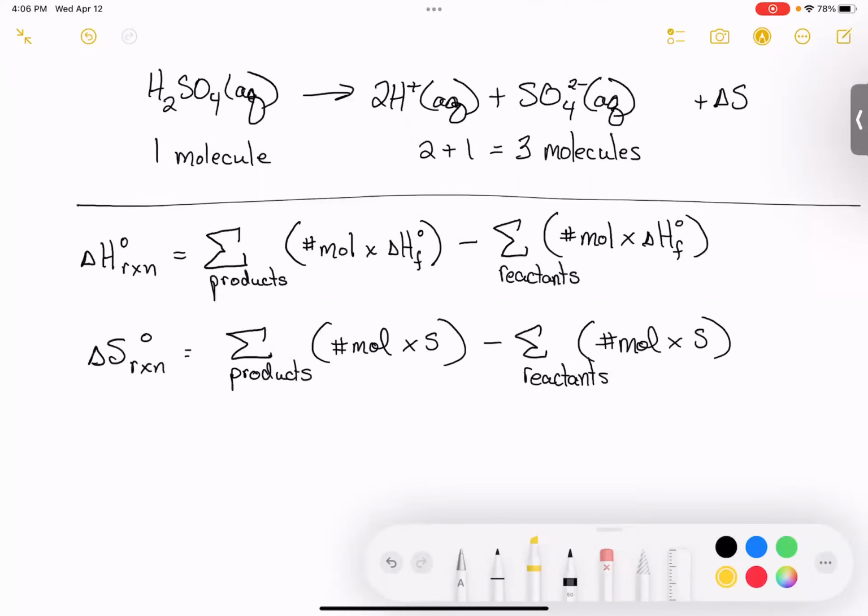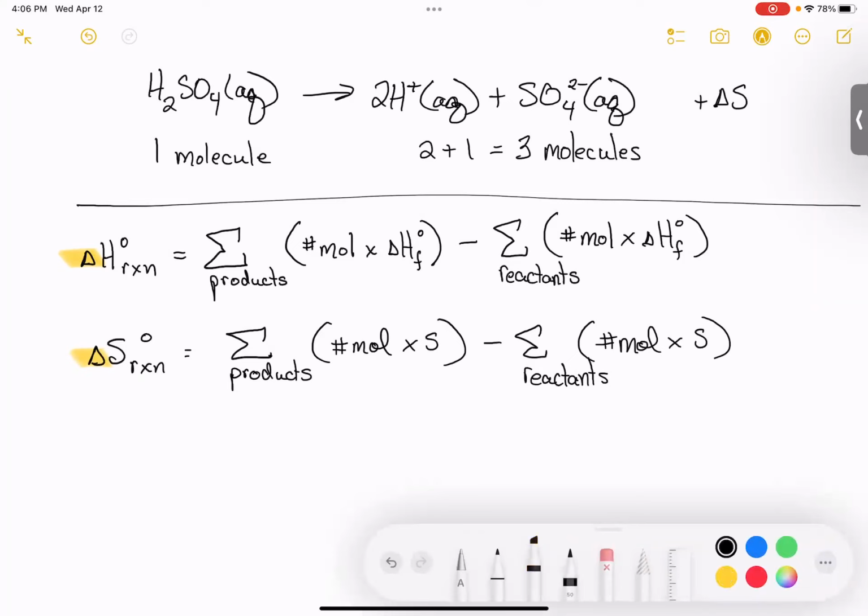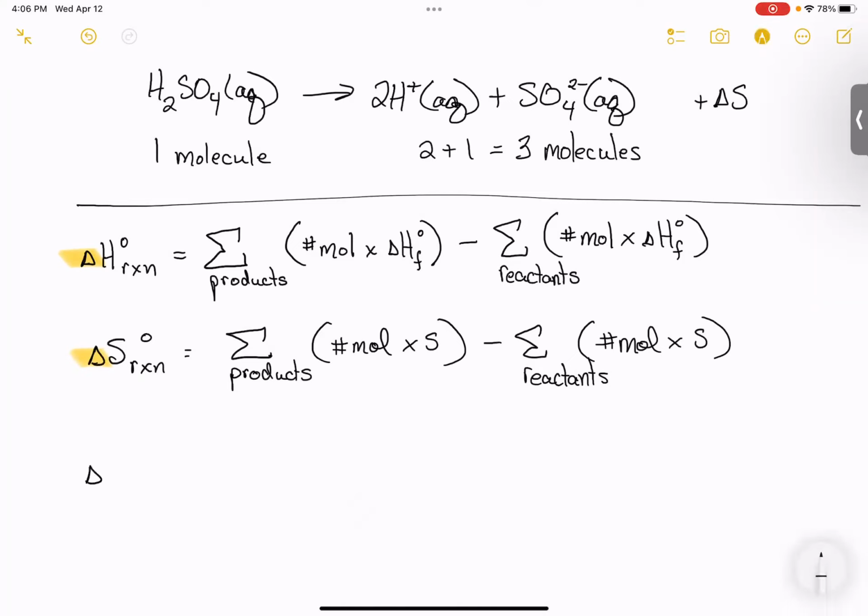Folks, anytime you see the delta, no matter what, delta always is final minus initial. And I'm saying that because as an instructor, that's one of the errors that I always see: students reverse the formula. So that's why I'm going over it.